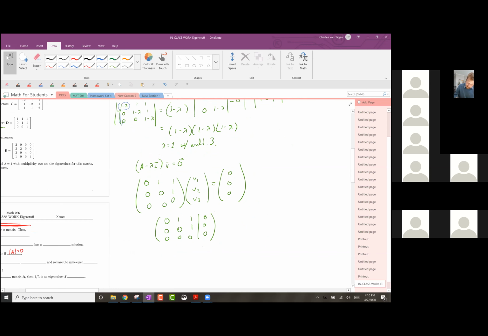In this case, we see that V2 has to equal 0. This says V2 plus V3 has to equal 0. So V2 equals minus V3.